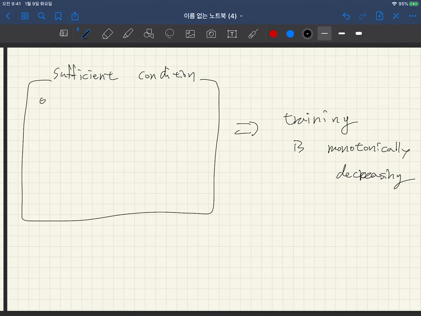The first one is that the loss function is equal to the error function.